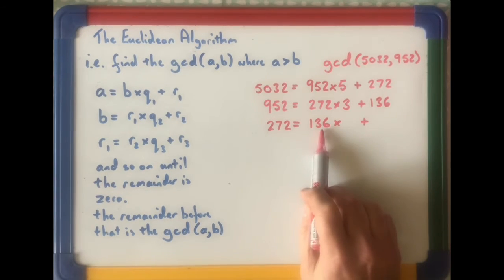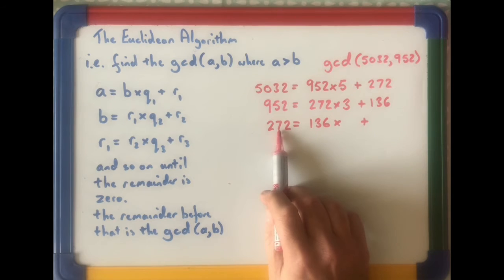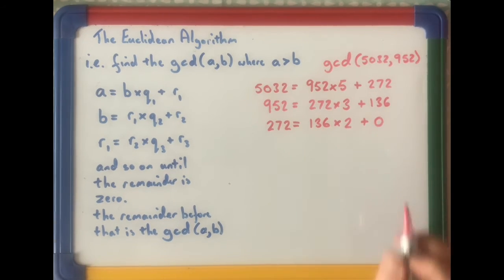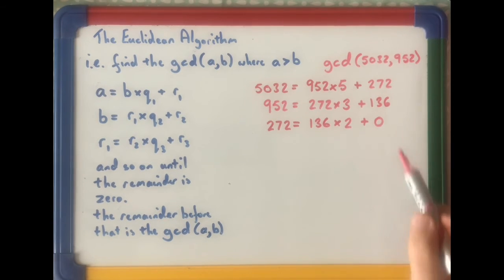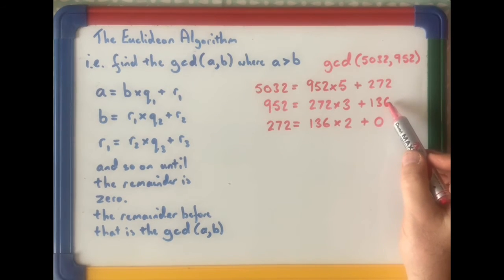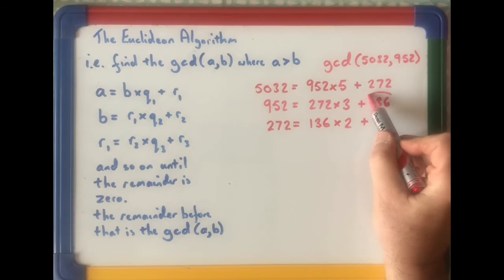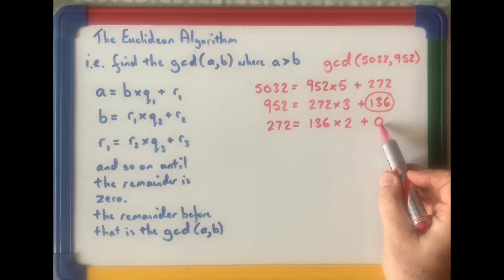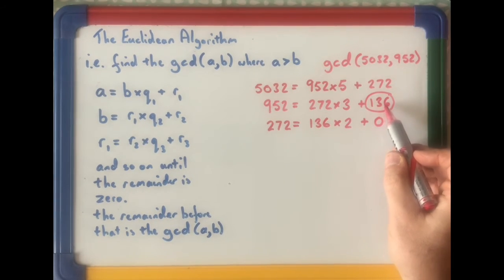But look, 2 times that gives me that, doesn't it? So this time my remainder is 0. But remember what we said. When we reach here, the greatest common divisor is the remainder before that, which is that one there. So the remainder before your 0 remainder is your greatest common divisor.